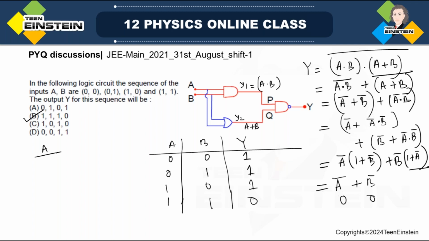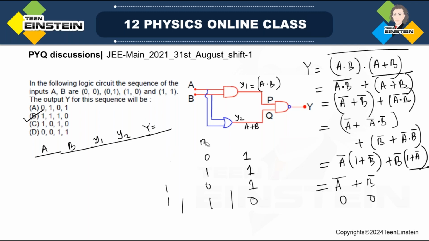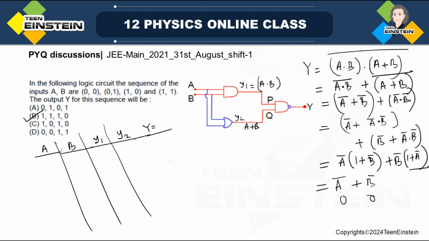You have A, you have B, you have y1, you have y2, and finally you have Y. If somebody doesn't know De Morgan's theorem, for that case you have to write all these outputs in between also.